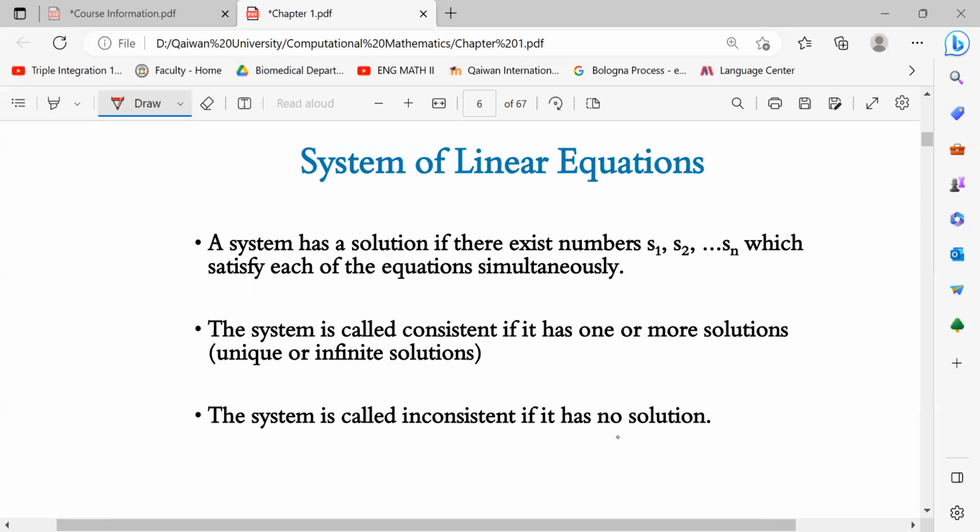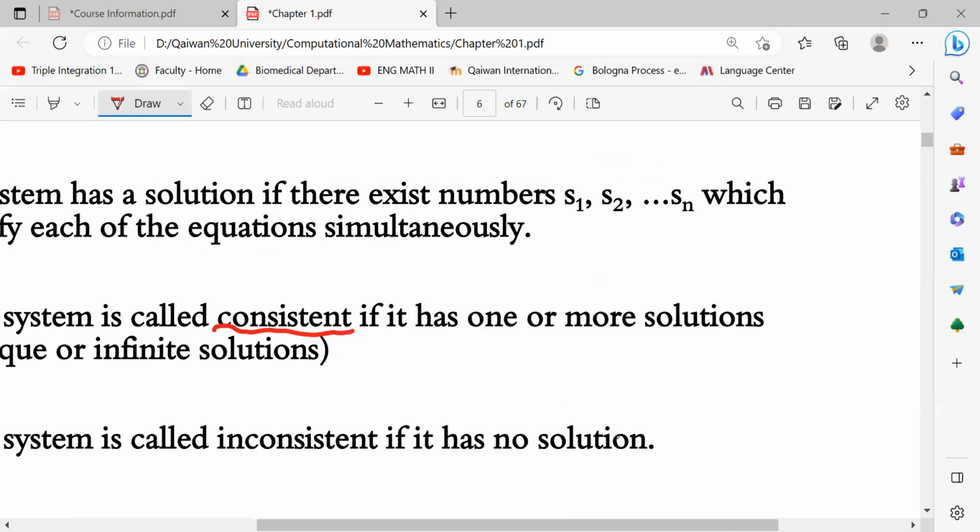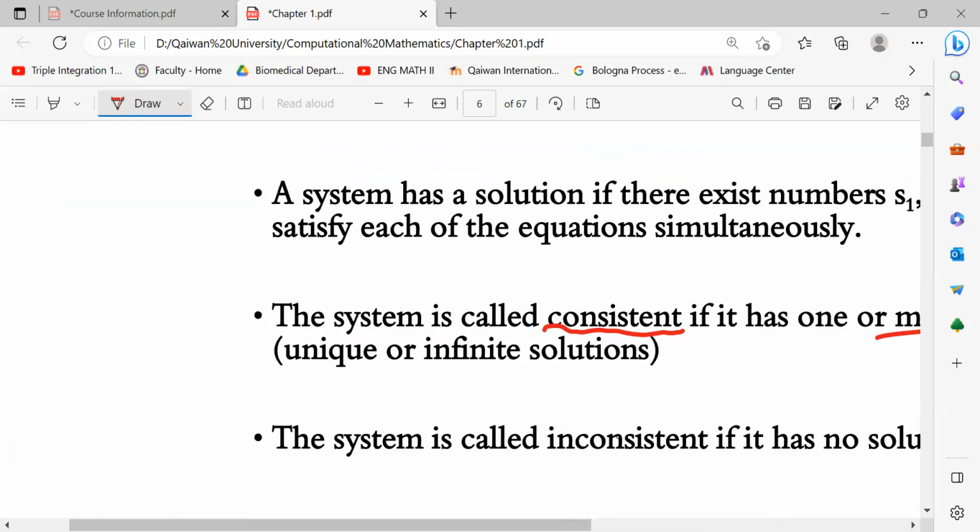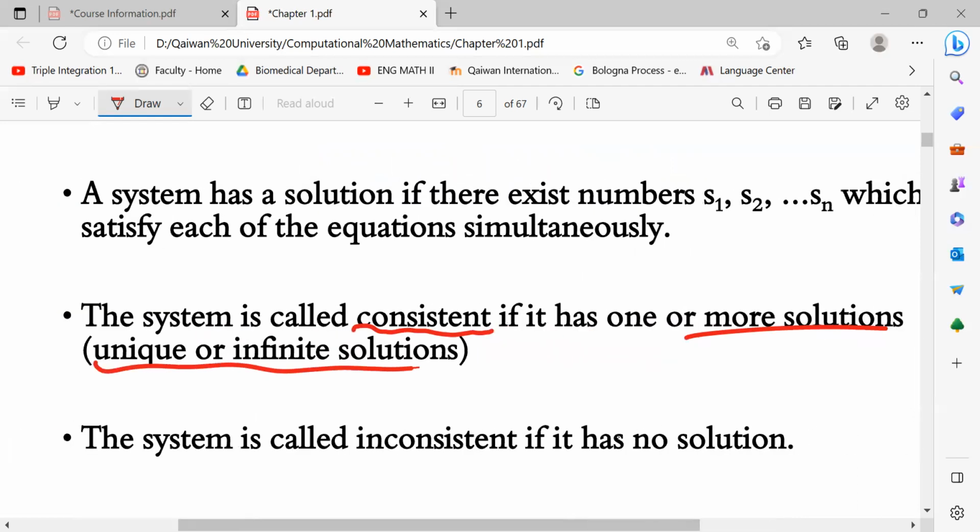We either have no solution, or exact solution, which means one solution, or infinitely many solutions. Here, we say a system is called consistent if it has only one or more solutions. Okay, unique or infinite solutions.